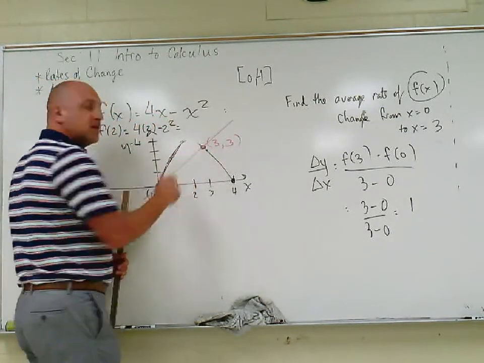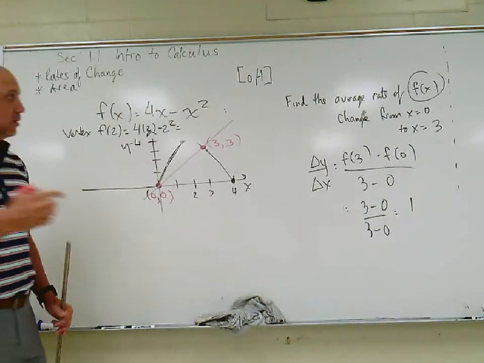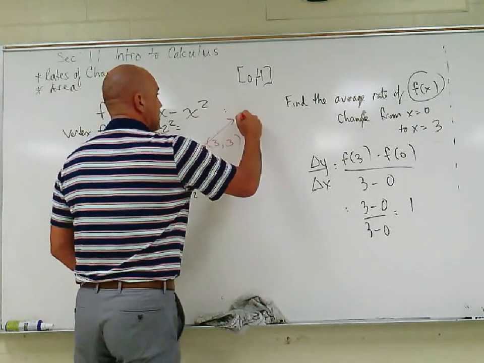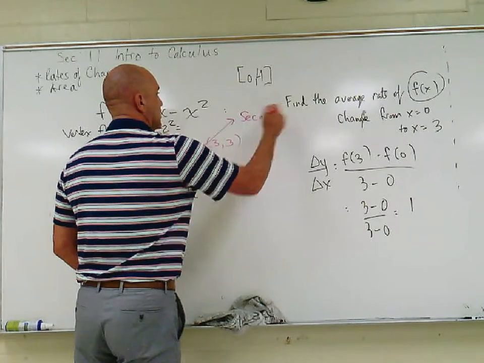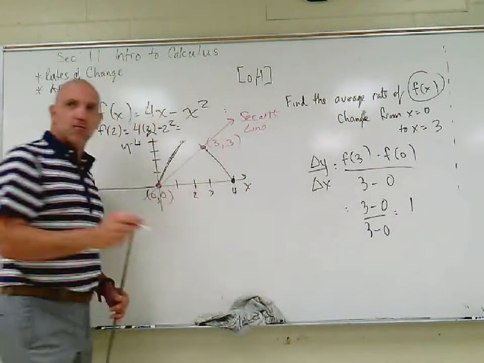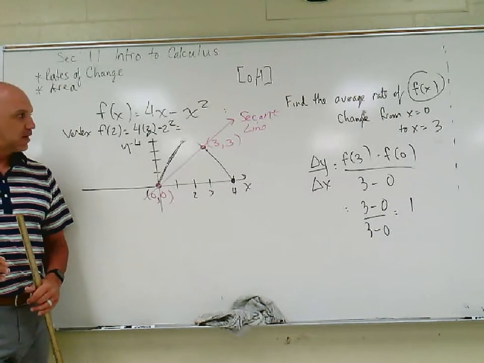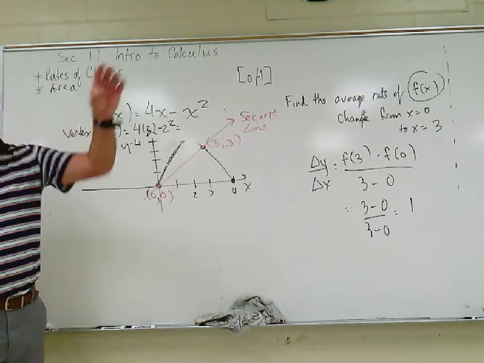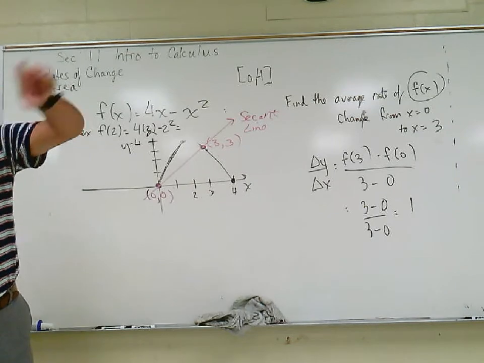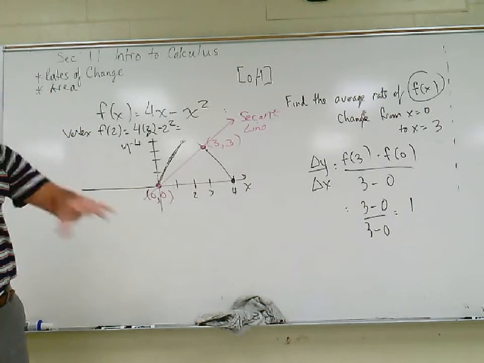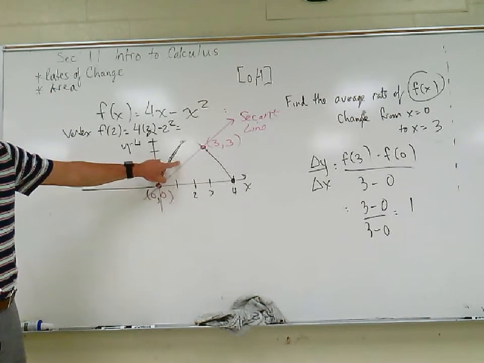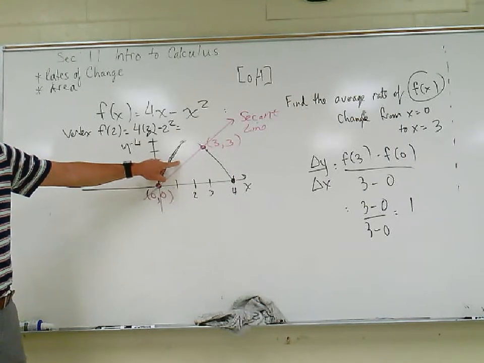And any line that goes through 2 points on a curve is called a secant line. So a secant line is a line that goes through 2 points on a curve. In geometry, you would have studied about secant chords, a chord that is a line that hits two parts of the circle, okay? So we found the slope of this secant line, all right?